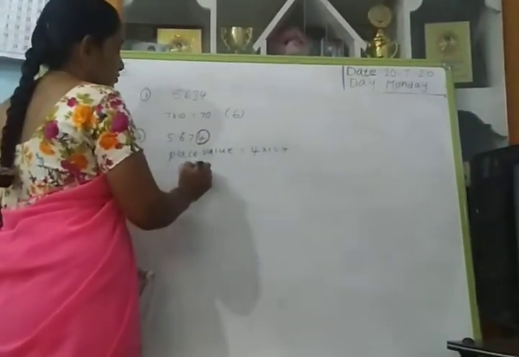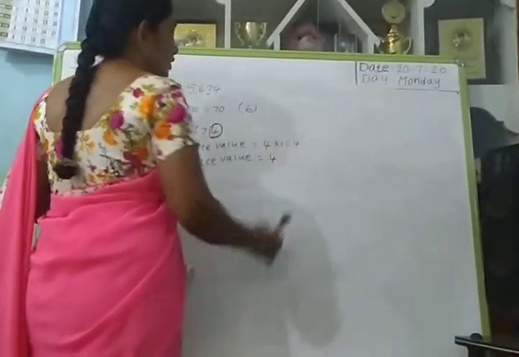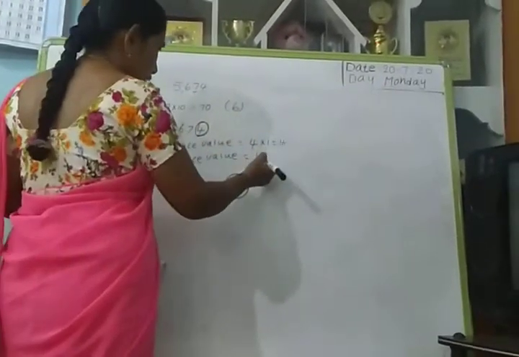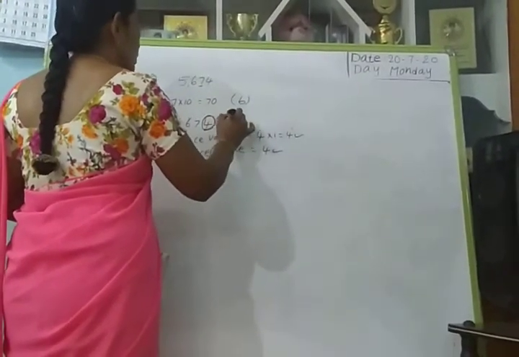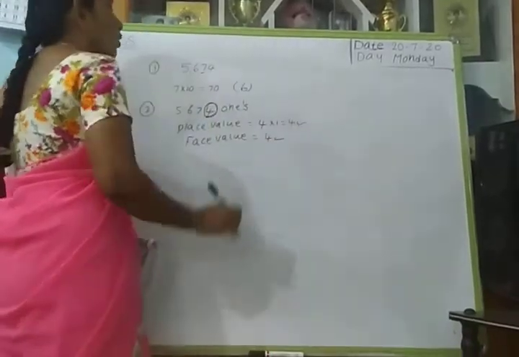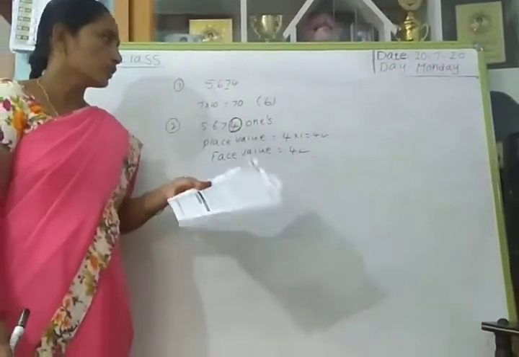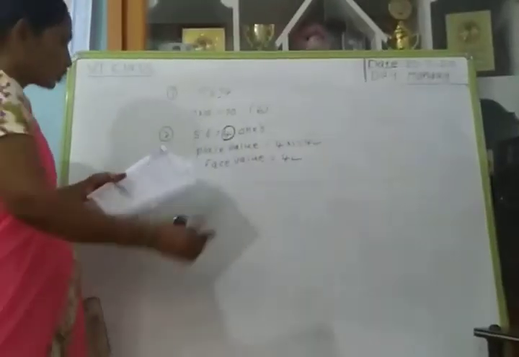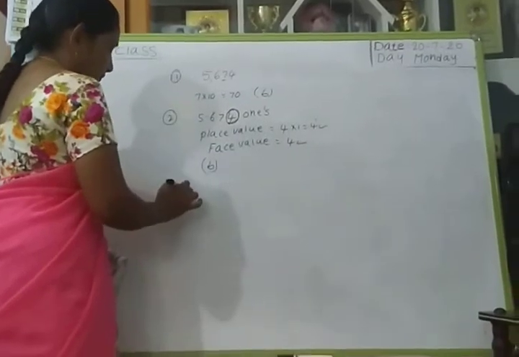What is the face value of 4? 4. So place value and face value are the same. At which place do we get this? The ones place. If you take any number, at the ones place the place value and face value are always equal. So which option is correct? Option B, it is also option B.